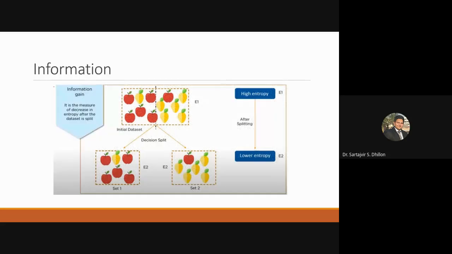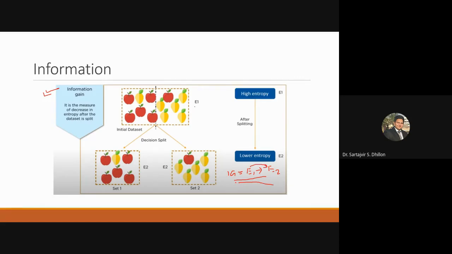Okay, let us go to the next important point, which is referred to as the information gain. Now, what is the information gain? It is whatever information we have learned by moving from E1 to E2.